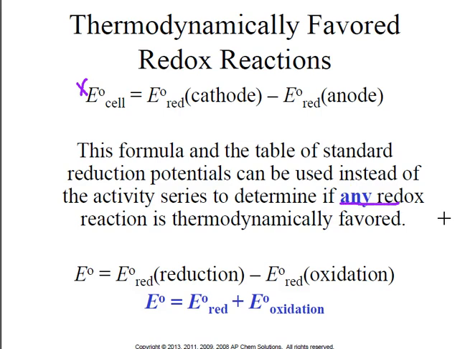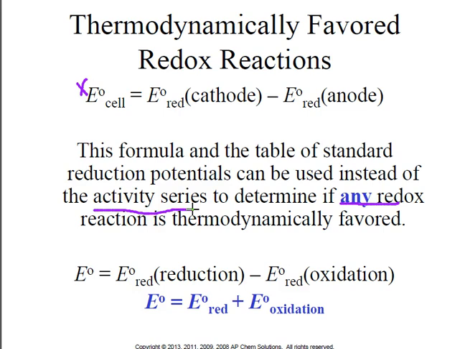There's another way to determine if a redox reaction will occur, and that's using something called an activity series. And the way that works is the metals are listed in order of their reactivity. I think we saw this in a previous lesson. And if a metal is above another metal, then it will replace it, so on and so forth.